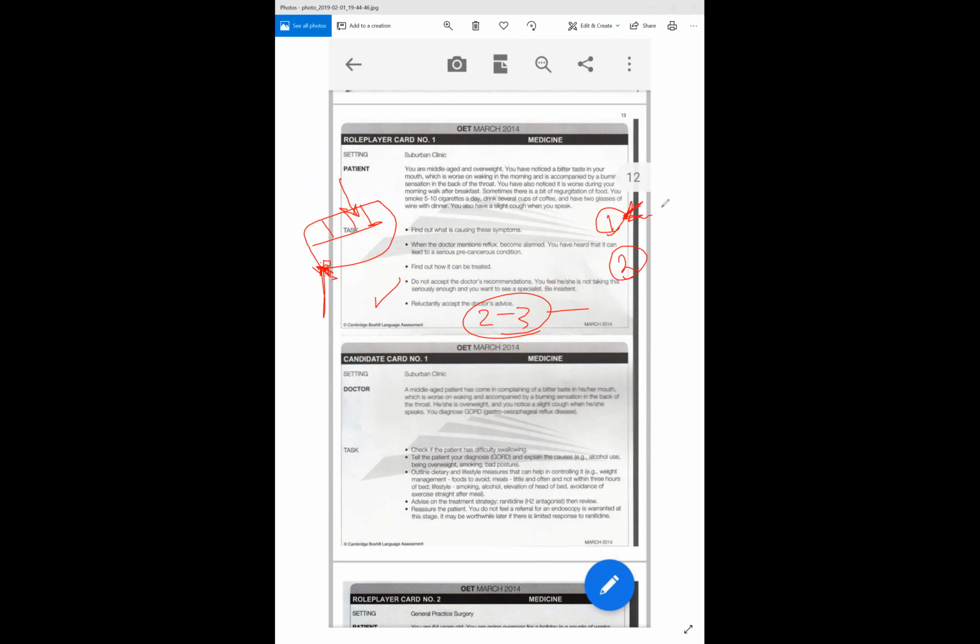By the way, don't call the patient "sir" from the beginning. You have to make him understand that you are a doctor and he is a patient, whatever the standard of living level.